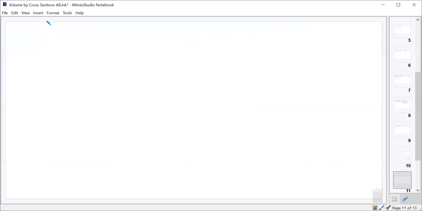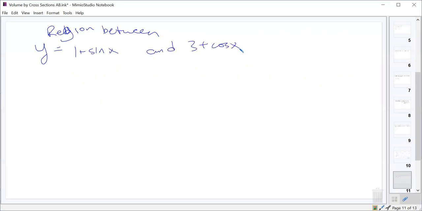Let's take y equals, let's get the region between y equals 1 plus sine x and 3 plus cosine x, from x equals 0 to x equals pi over 2. So we're going to revolve that around the x-axis.